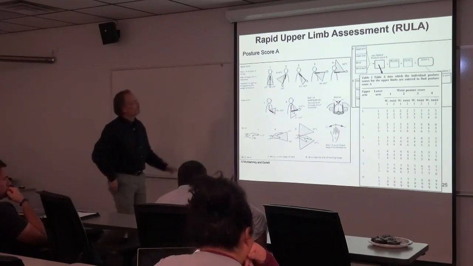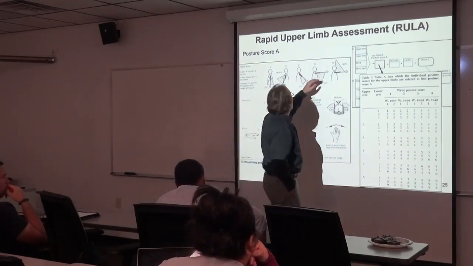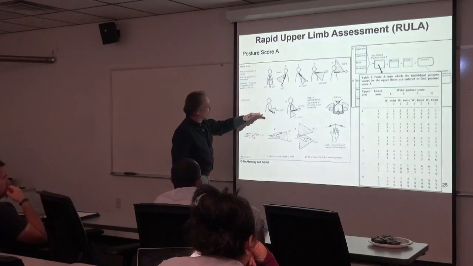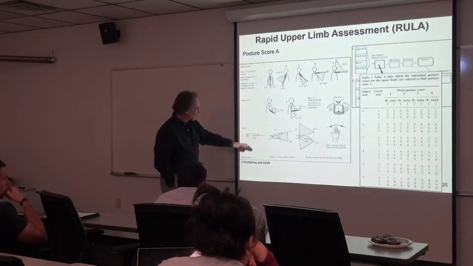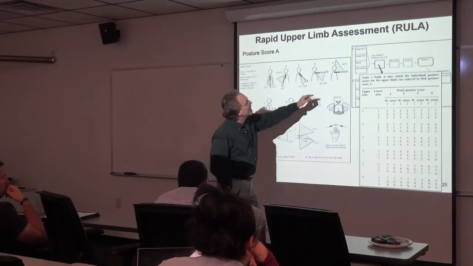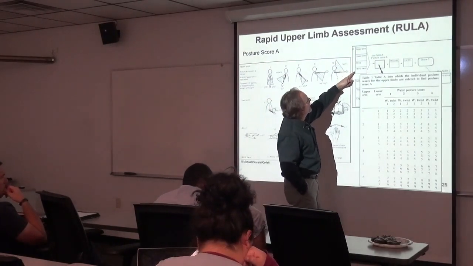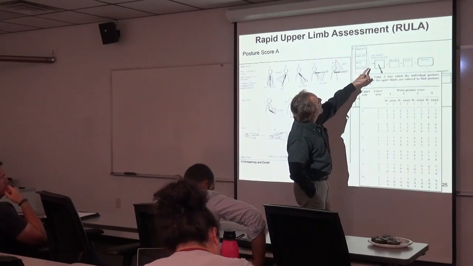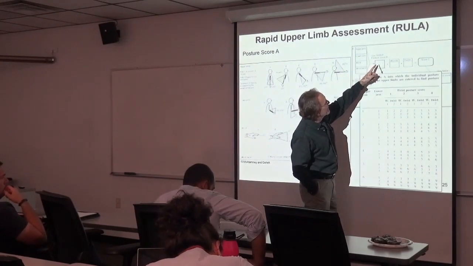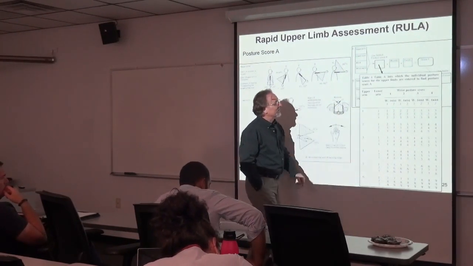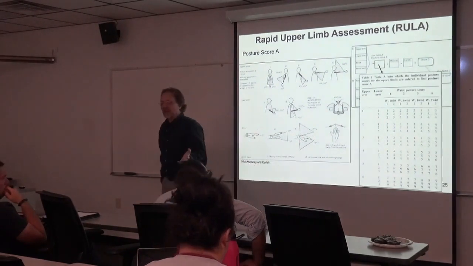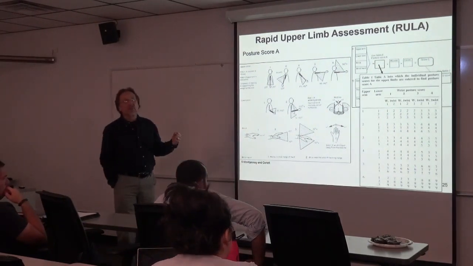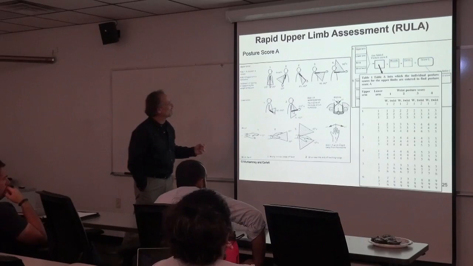Then you put your score for the upper arm, lower arm, wrist, and wrist twist into these boxes, and you get a score according to this table. And that table is the same as the REBA table, or it's not the same thing, but it's read in the same way as the REBA tables.